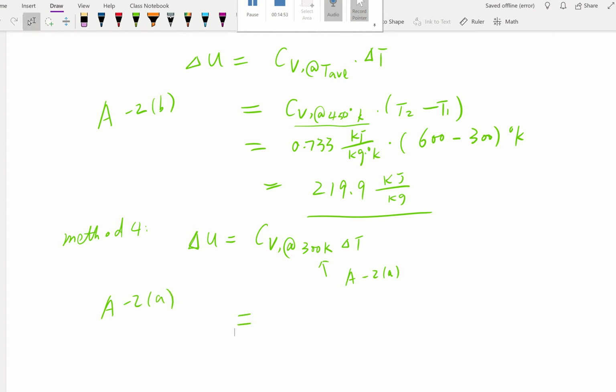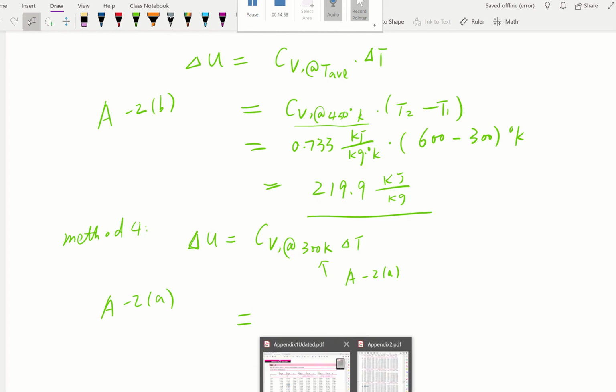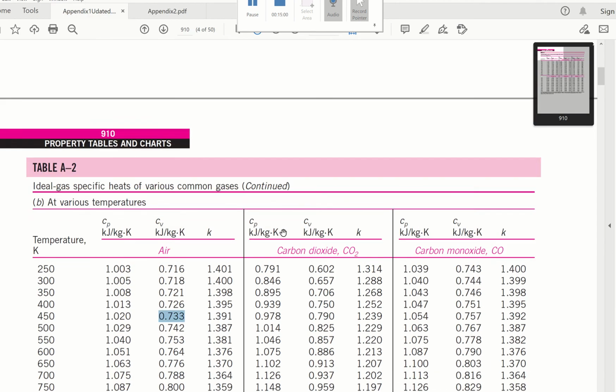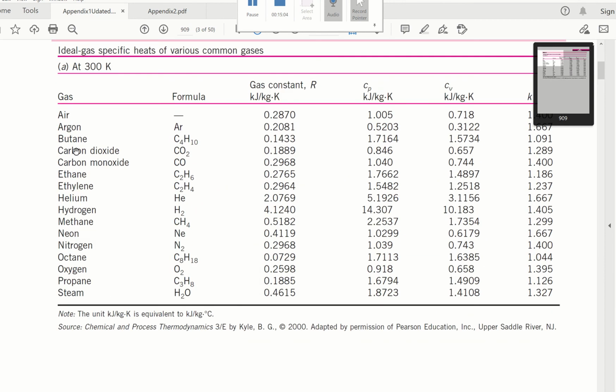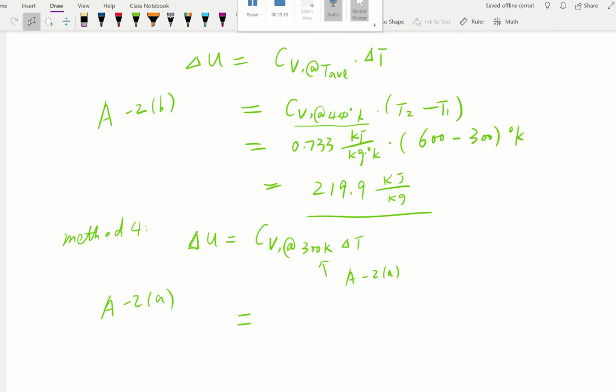At 300 Kelvin, what's going to be our CV? So that's table A2A, and we're looking at the air. And air CV is 0.718 kilojoule per kilogram per Kelvin.